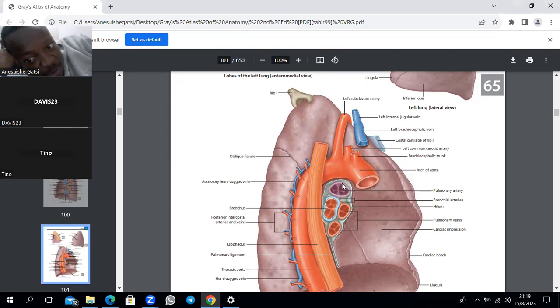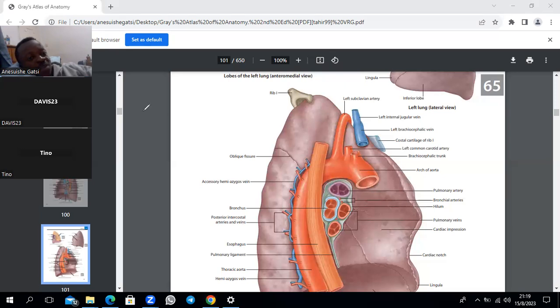At this hilum of the lung, or the root of the lung, we find the bronchus, we find the pulmonary arteries, we find the pulmonary veins that are going to and from the heart. There is an arrangement of structures at the hilum of the lung, and that arrangement is like this.